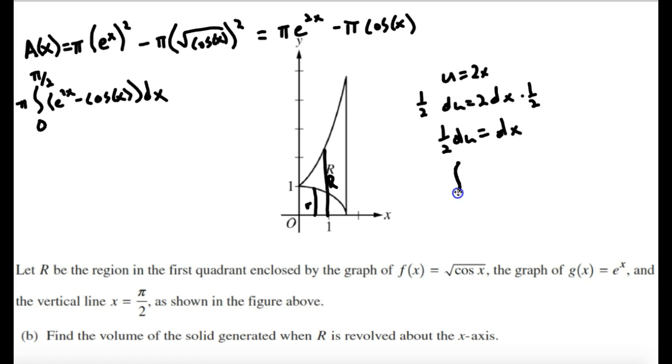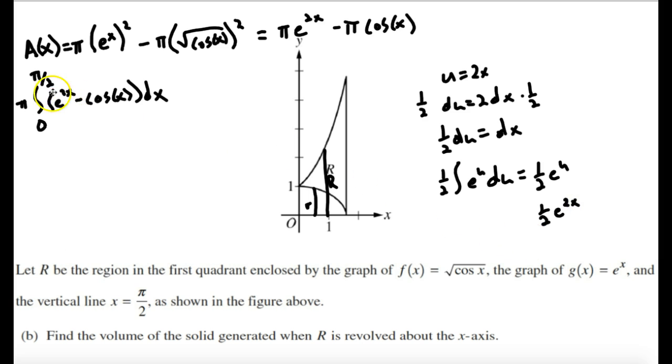So what that means is we would have 1/2 times the integral of e to the u du, so that'll be 1/2 e to the u, which is 1/2 e to the 2x.